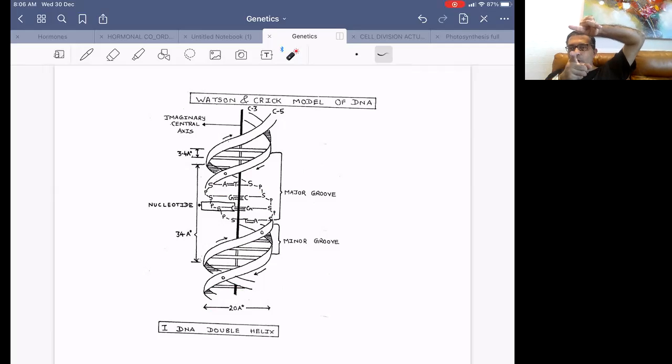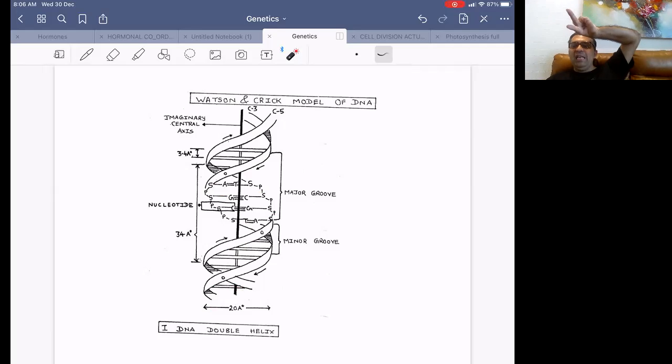This space is called major groove. So space in one coil is called major groove. Space in one coil of the double helix is called the major groove.